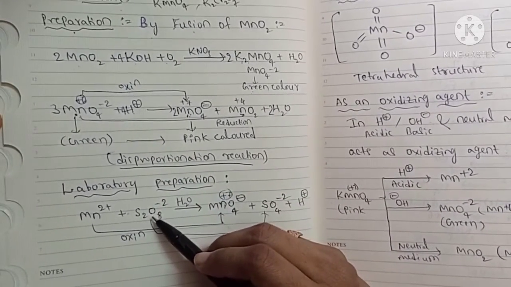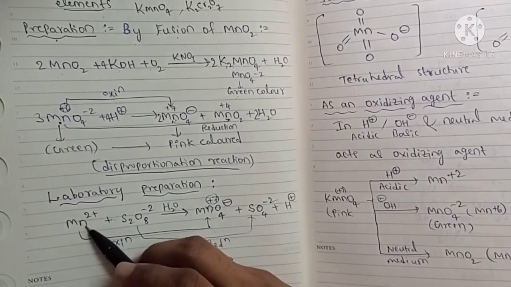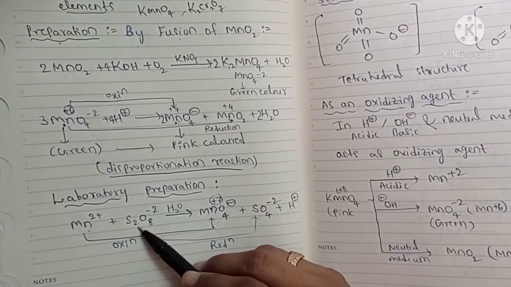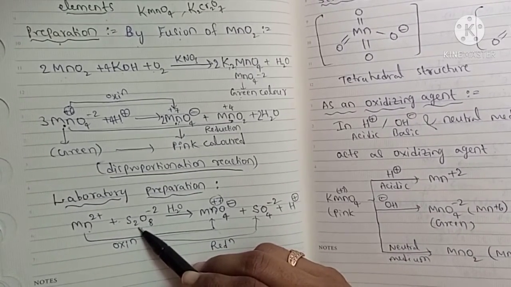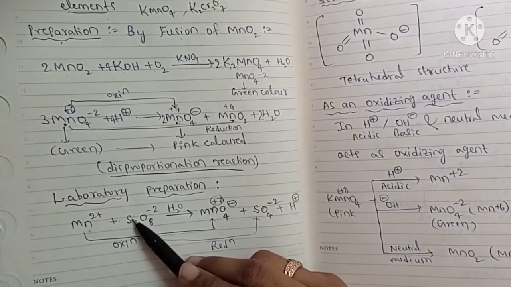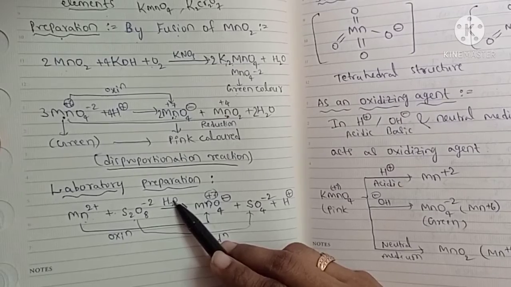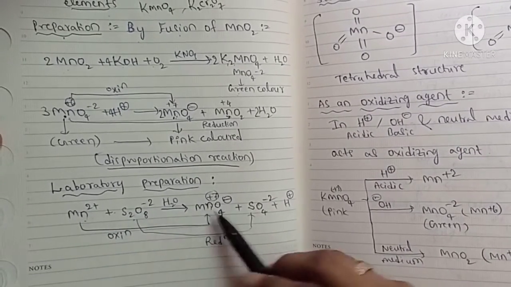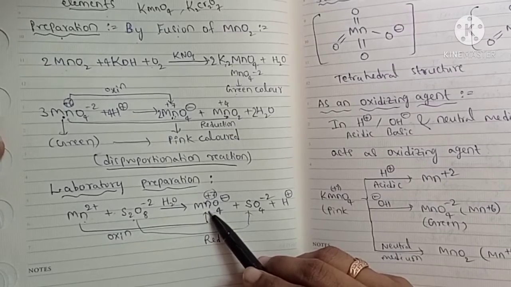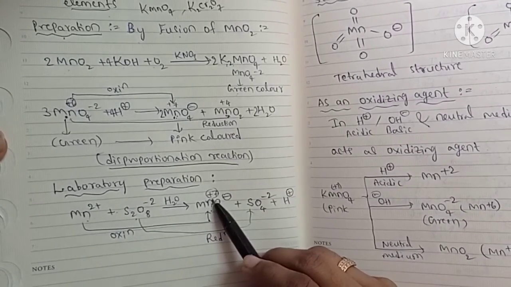And here is the laboratory preparation for potassium permanganate. In the laboratory it is prepared by taking Mn plus 2 solution and S2O8 2 minus. This mixture is taken, and the reaction happens in an aqueous medium. Mn plus 2 converts to MnO4 minus, permanganate, so Mn plus 2 converts to Mn plus 7.